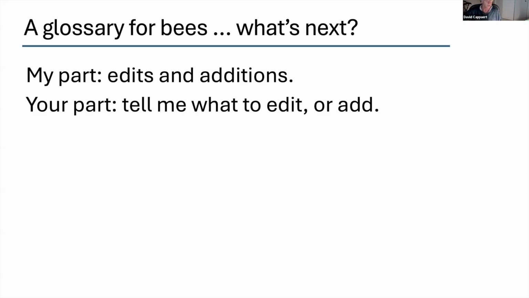People say, "Oh, this is great, really like this." Then I say, "Tell me what you would like me to adjust," and it's crickets. And it's frustrating, because I have no doubt that some of the definitions I've done are not quite right. Another thing I'm positive about is that the entire glossary is biased to my own experience.